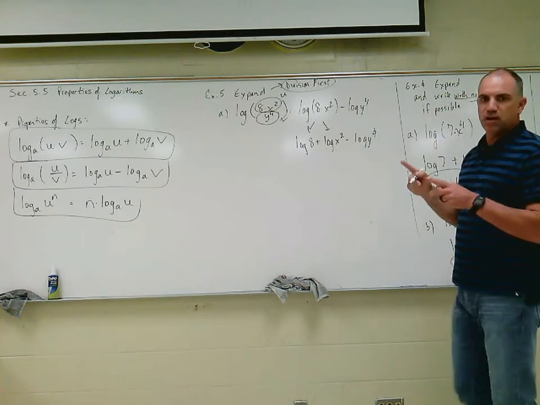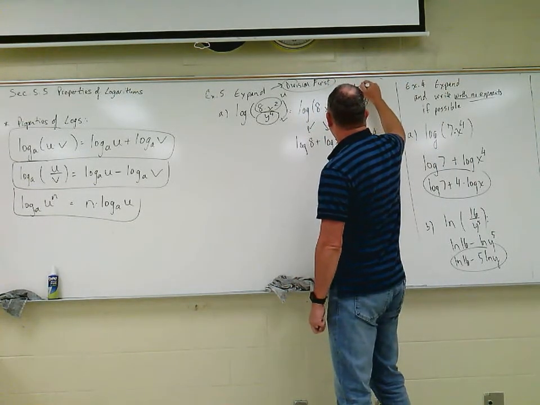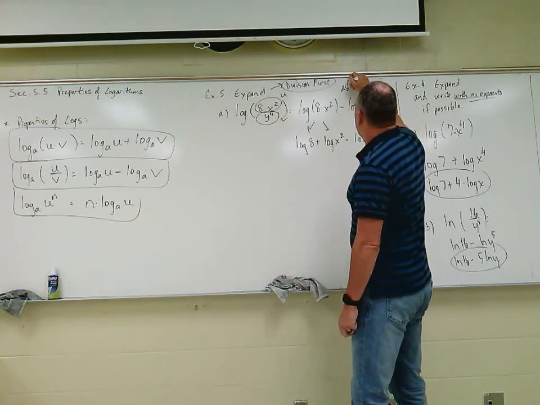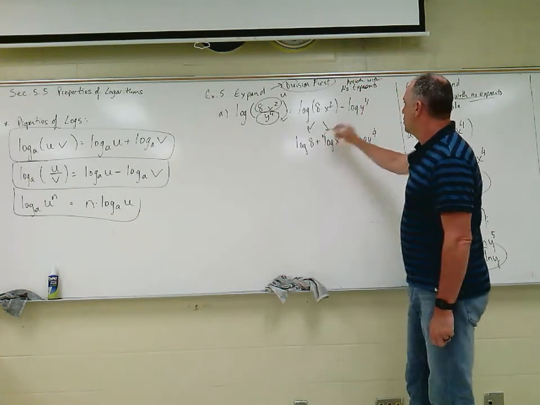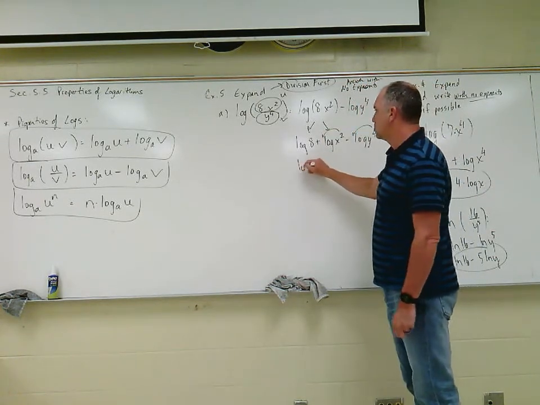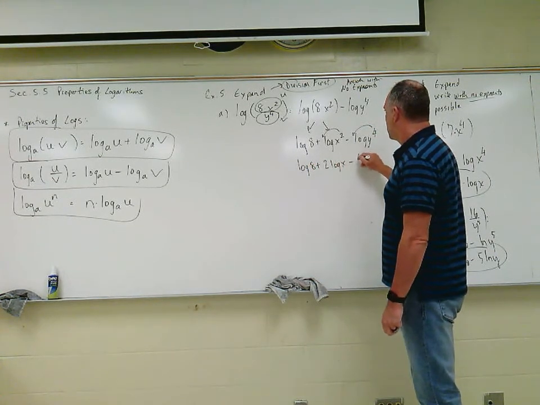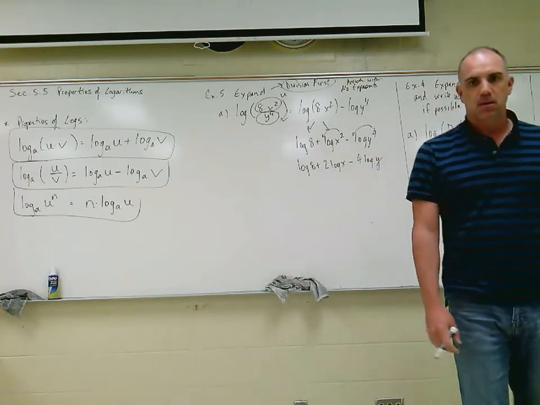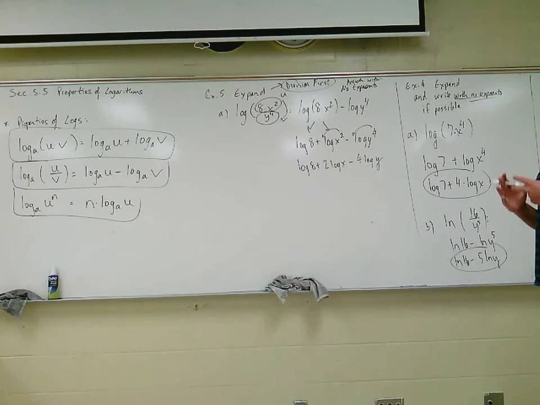If it says expand and wants the answer with no exponents, then that 2 and that 4 have to go in front. So we get log of 8 plus 2 log x minus 4 log of y. That's pretty much the extent of the expanding that you'll do.